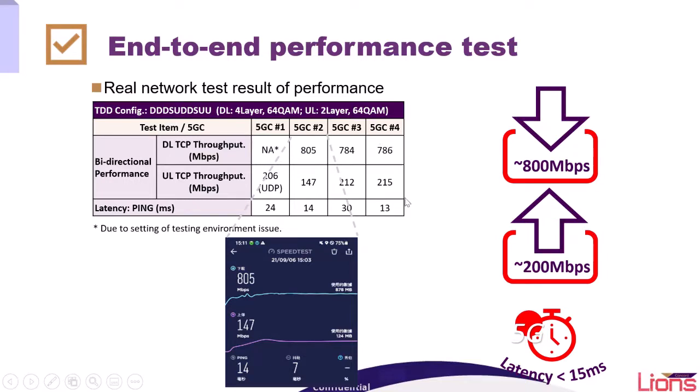Consider that all the setup and measurement were done in a 3 or 4 day period without too many optimizations. LIONS RANathon gNodeB successfully connected to all 5GCs and recorded bi-directional maximum download speed over 800 megabits per second and maximum upload speed over 200 megabits per second. Latency by ping is recorded as low as lower than 10 milliseconds.